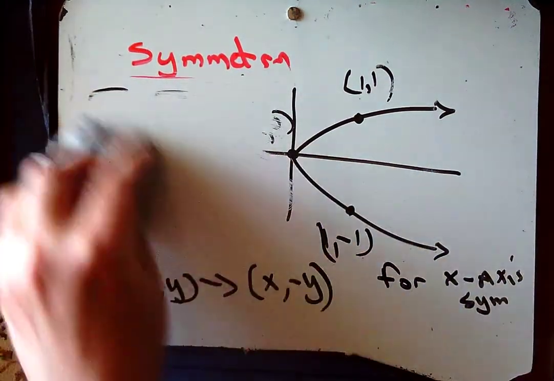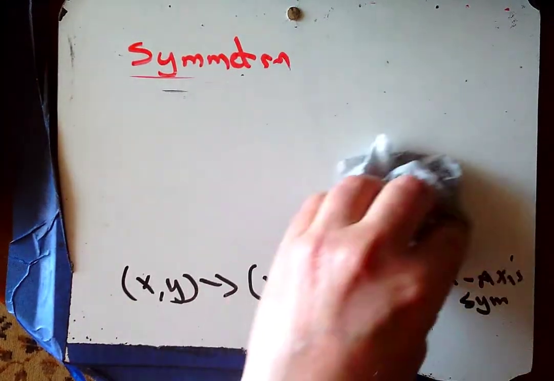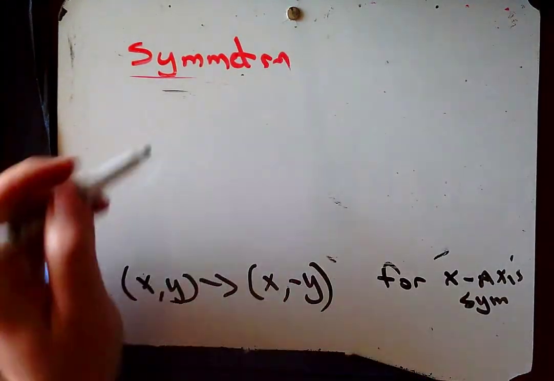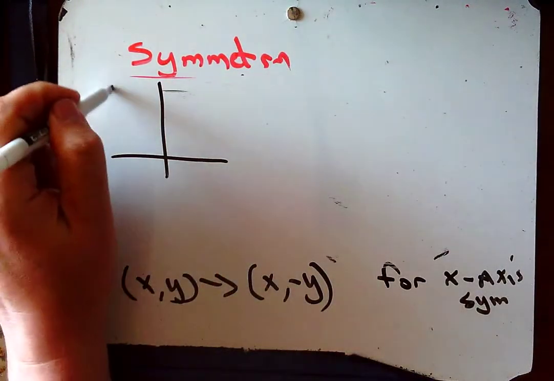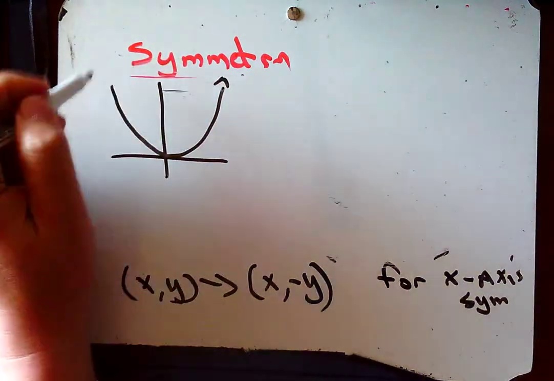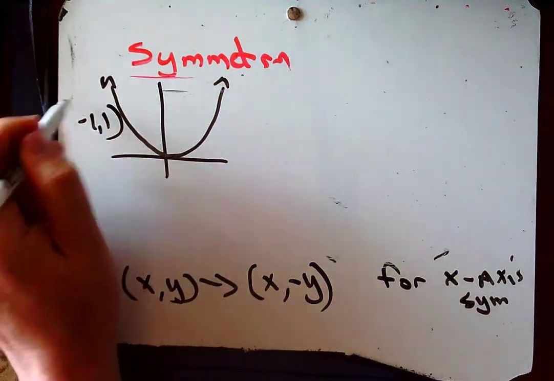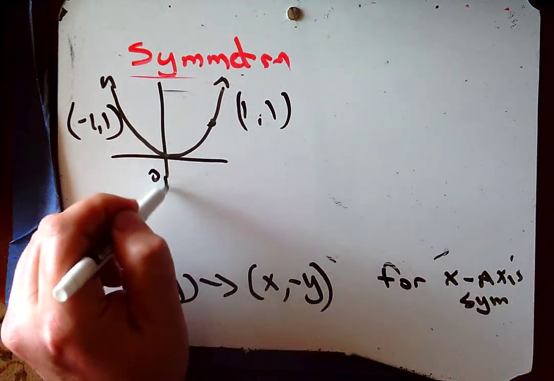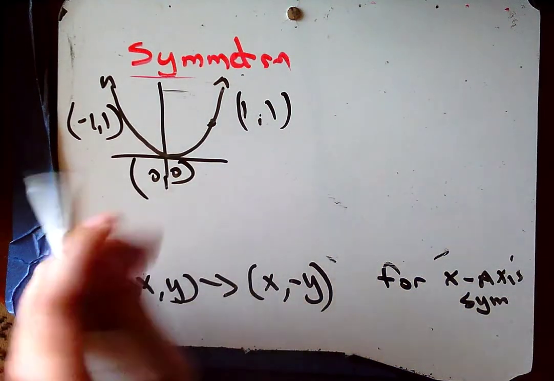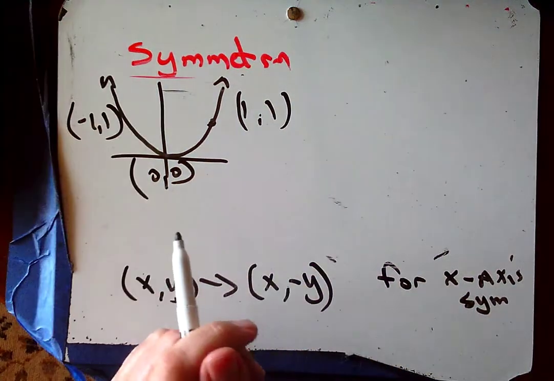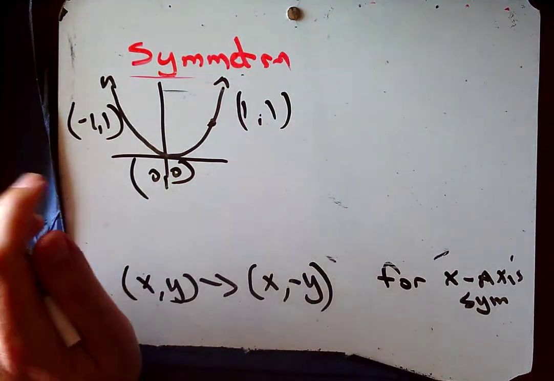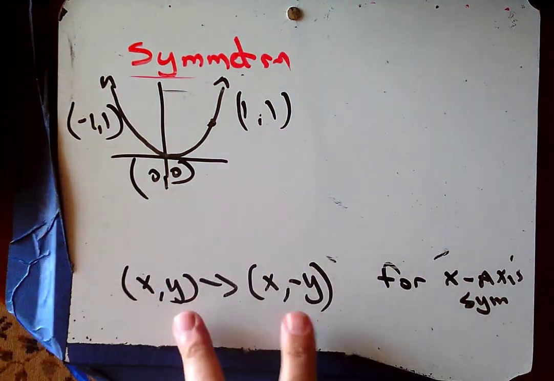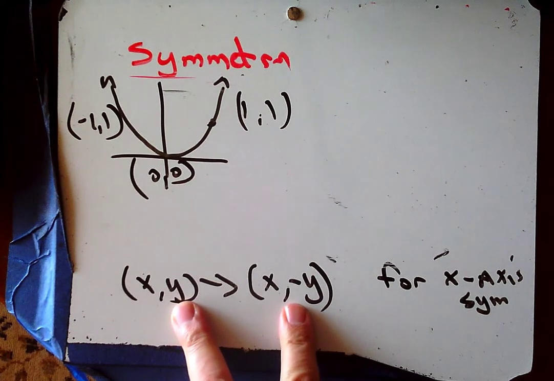What did we see happening on the parabola, y equals x squared? So when we had y equals x squared, we had the point -1, 1, we had the point 1, 1, and we had the point 0, 0. In order for this to fold over onto that, what has to be true? Well, with x-axis symmetry, the y's had opposite signs.